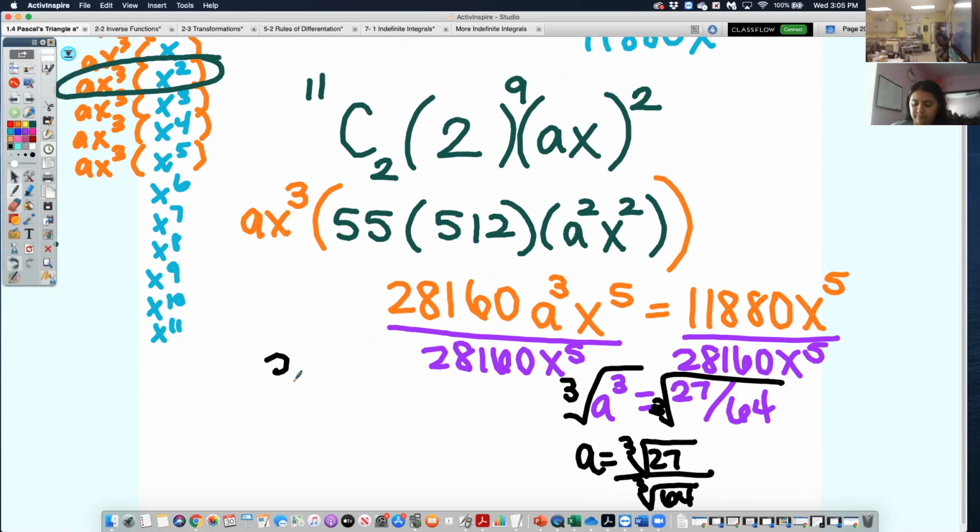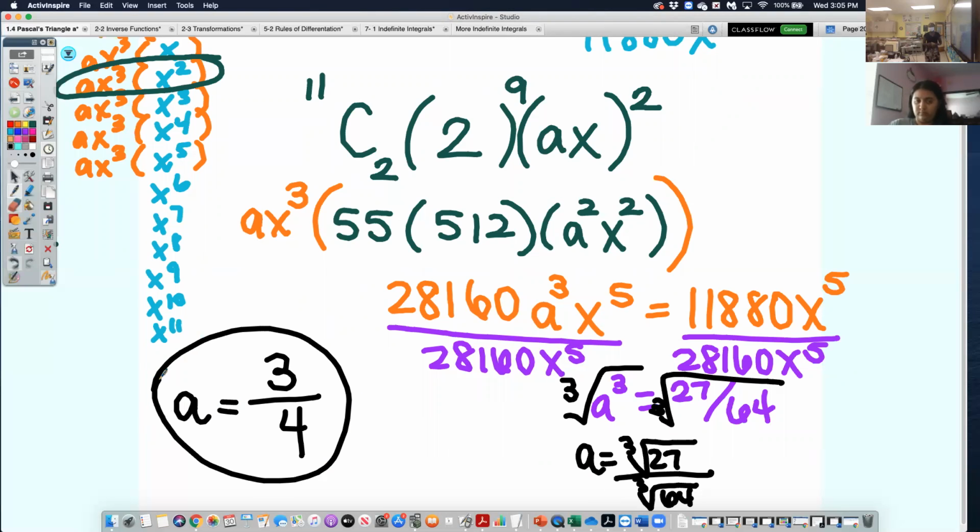And what's the cube root of 64? 4. So the value of a is 3/4. 3/4 would allow you, when you multiply ax to the 3rd to that expansion, to give you the x to the 5th term of 11,880.